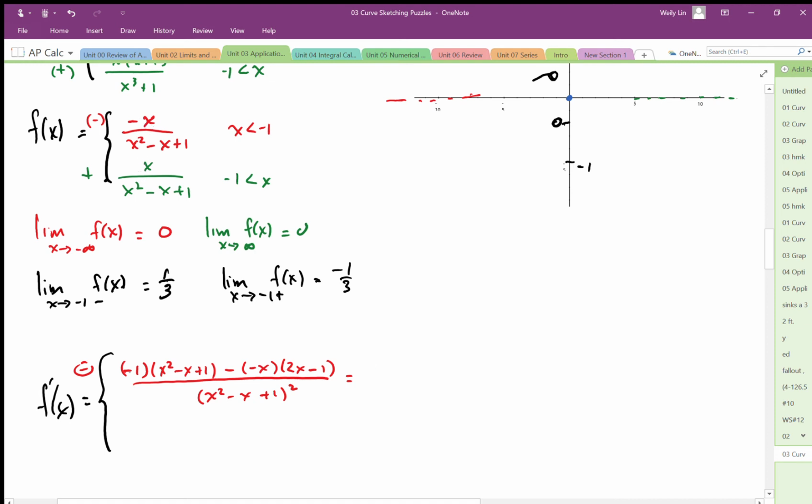Negative x squared plus 2x squared gives me positive x squared. I get positive x, negative x, so those x's cancel. I'm going to end up with minus 1, all over my denominator, x squared minus x plus 1, all squared, and that's for x less than negative 1.